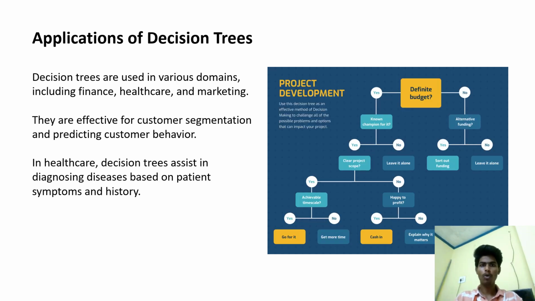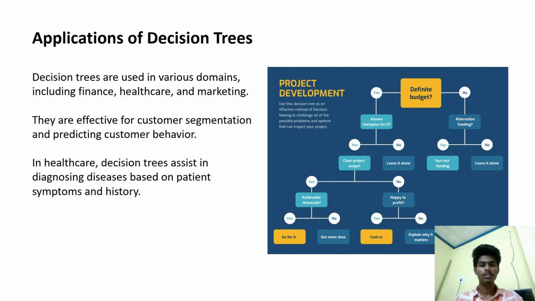Now we are discussing the applications of decision trees. Decision trees are used in various domains including finance, healthcare and marketing. In these fields we have many judgments and decisions, so here we mostly use decision trees, and they are effective for customer segmentation and predicting customer behavior.